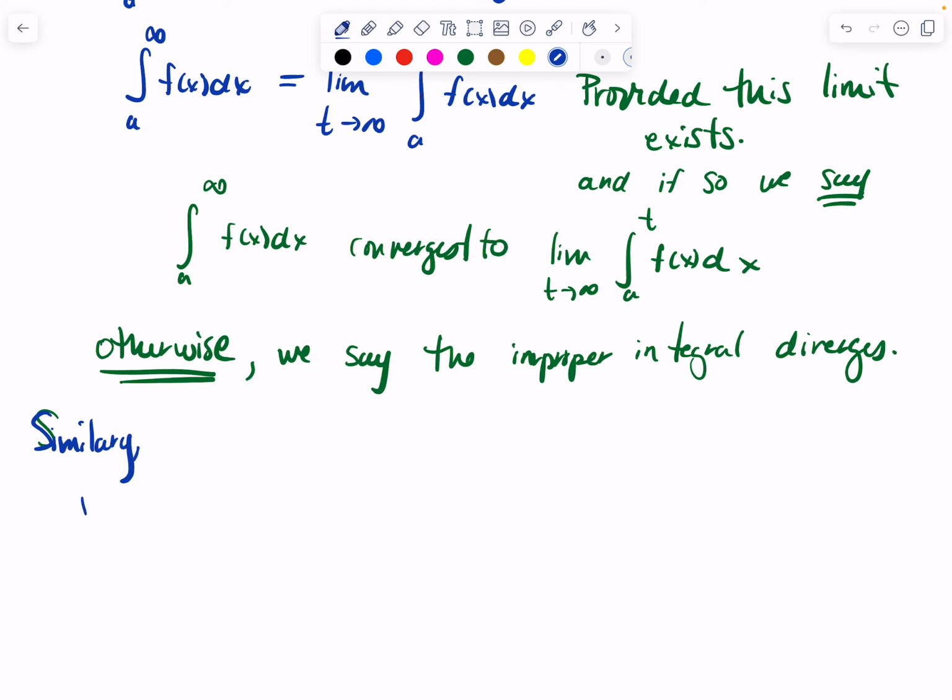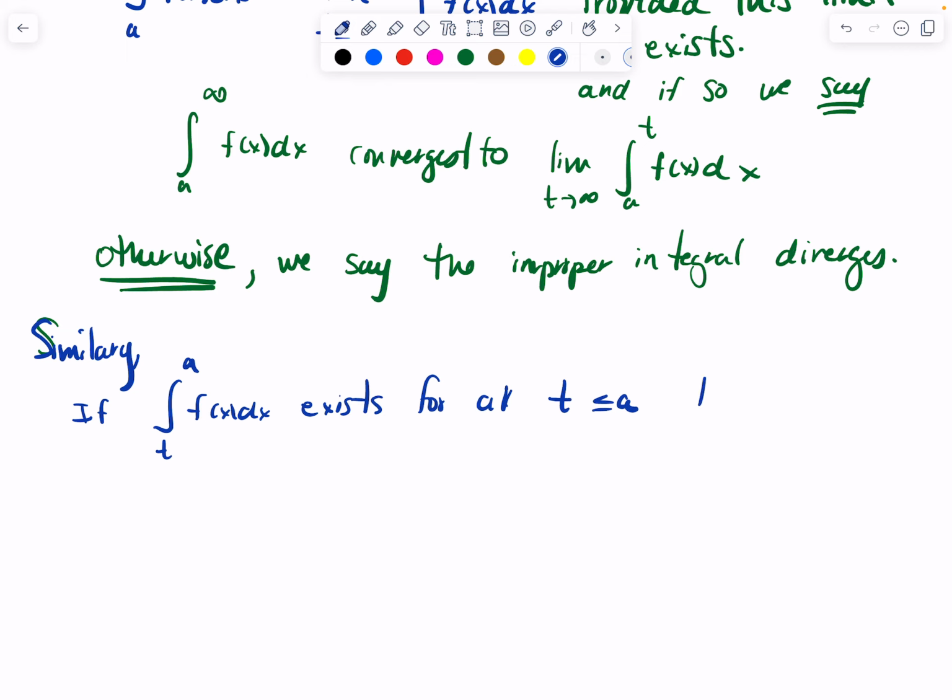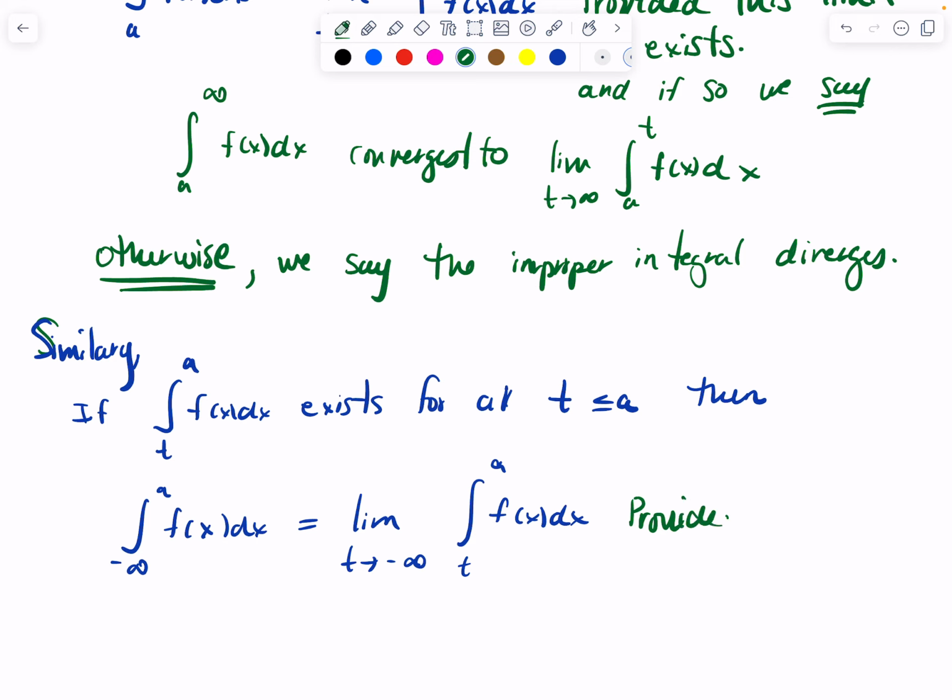So we could say if the integral from t to a of f of x dx exists, this time for all t less than or equal to a, so we're going to go off towards negative infinity, it has to be defined there, then we say this integral of f of x dx is equal to the limit as t goes to negative infinity of the integral from t up to a of f of x dx, and again, provided the limit exists.